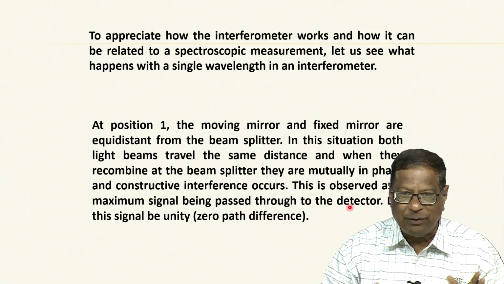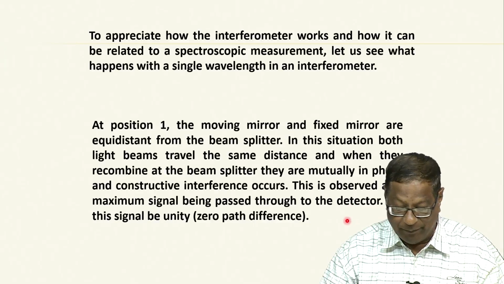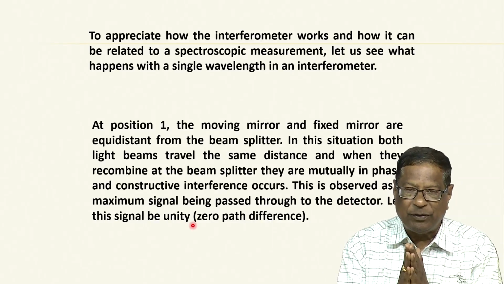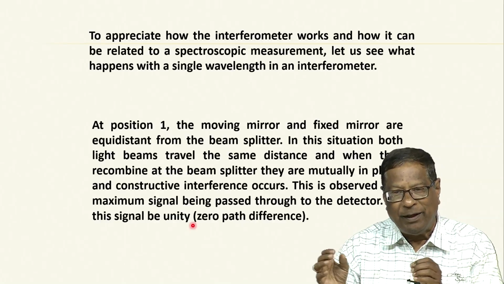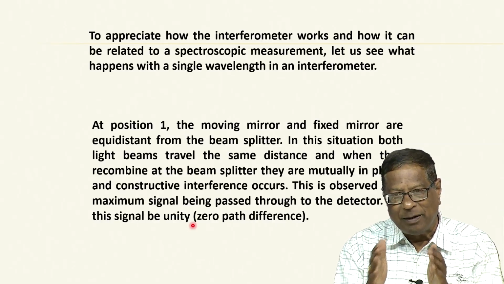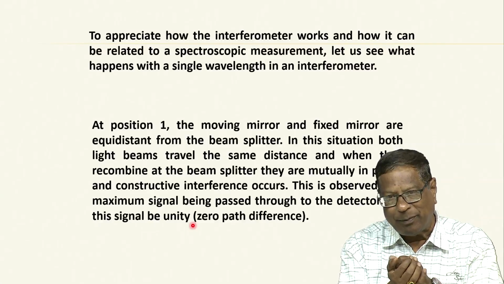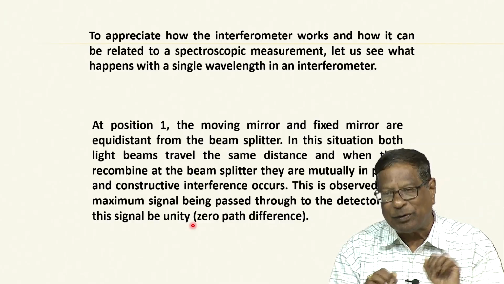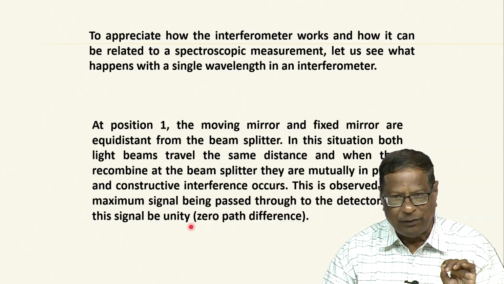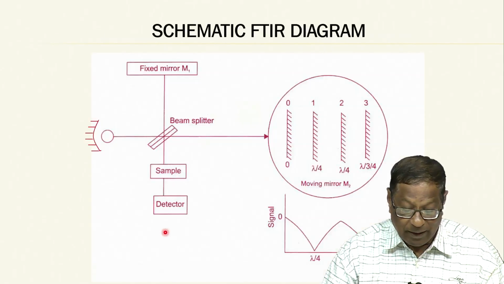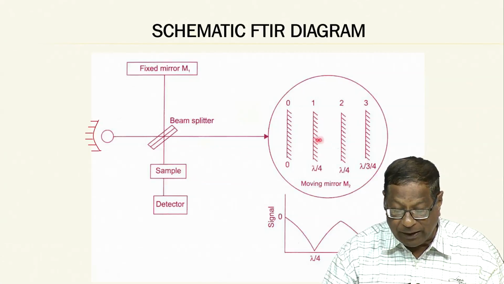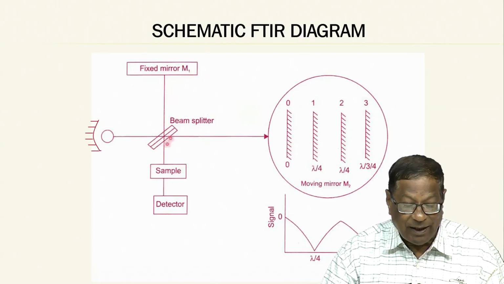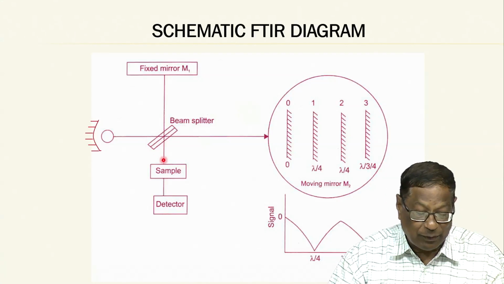Any other position apart from this 0 position would allow less total radiation through the beam splitter. 0 is maximum, and at positions 1, 2, 3, the intensity would be much less than at the 0 position. That is what we mean.